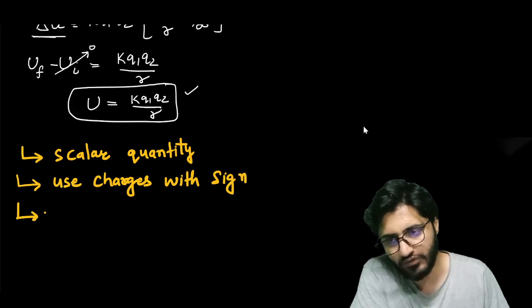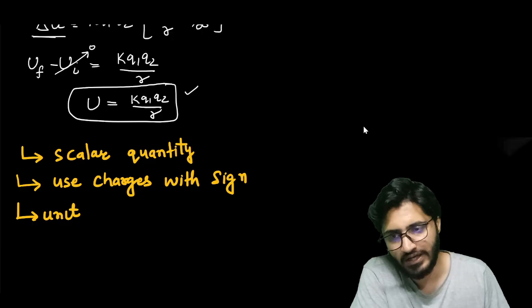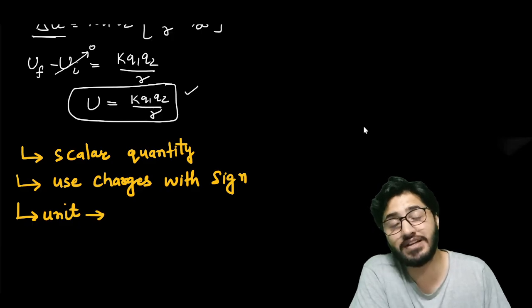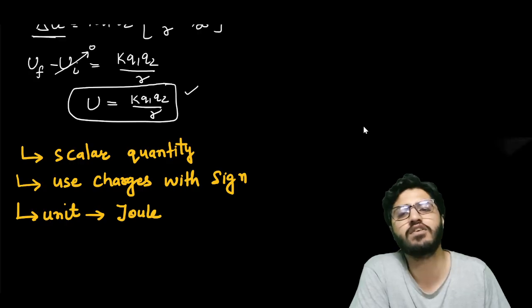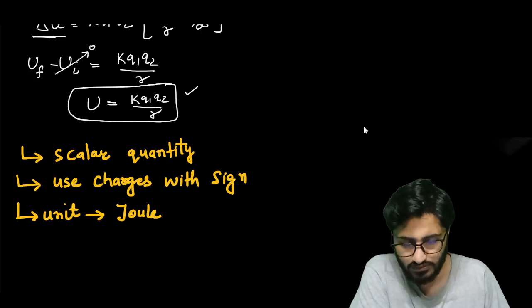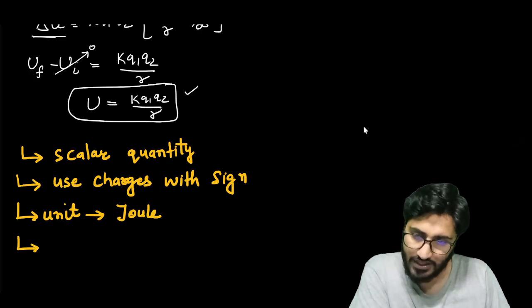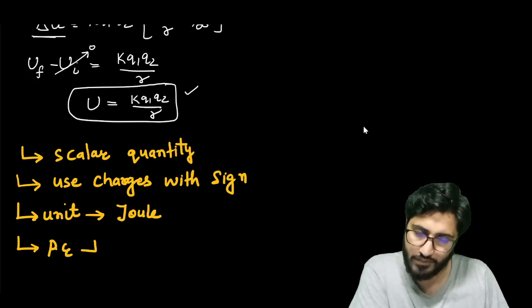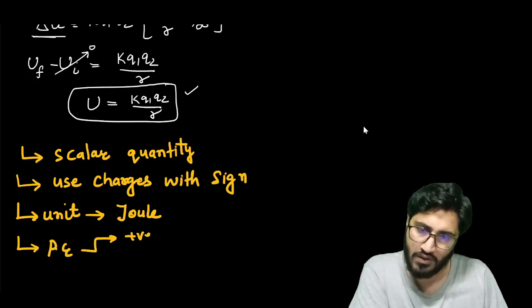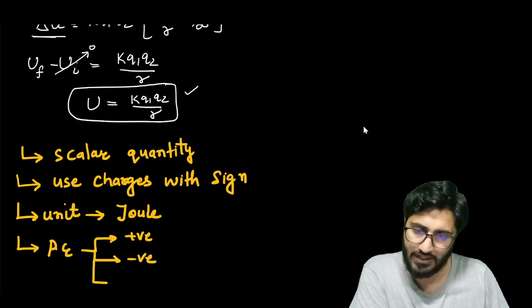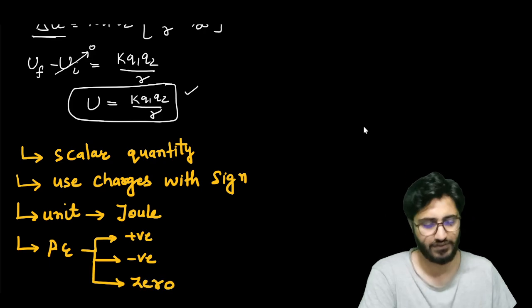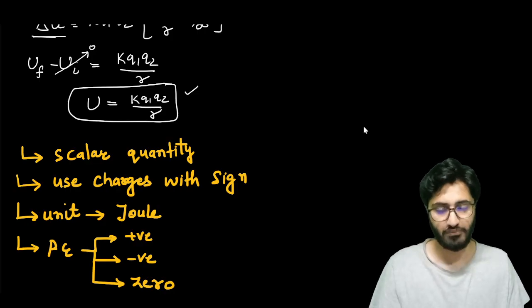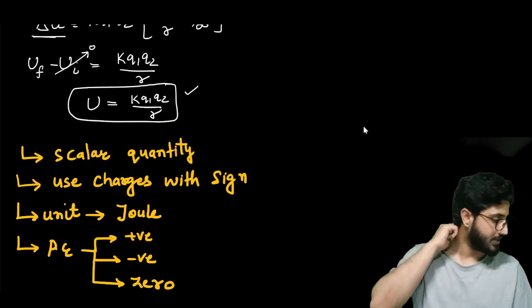If we talk about the unit, it is basically energy. So energy is joule. Okay, you will convert it in the electron volt also. There is no issue. Done. And potential energy could be positive, potential energy could be negative, potential energy could be 0. Okay, 0 means at infinite is 0. So these things you need to remember about the potential energy.